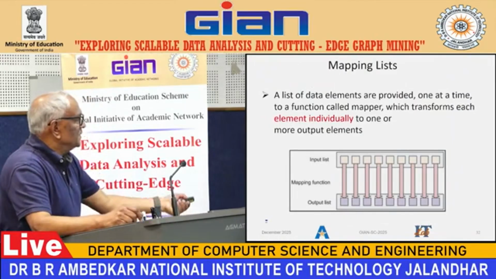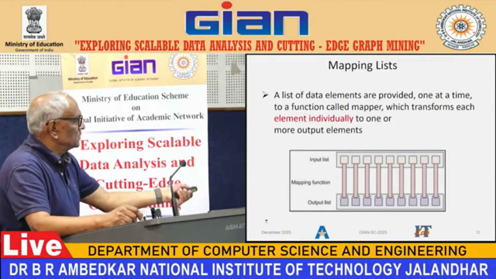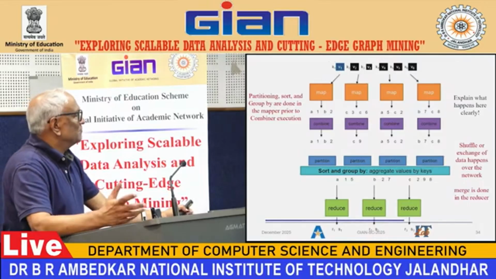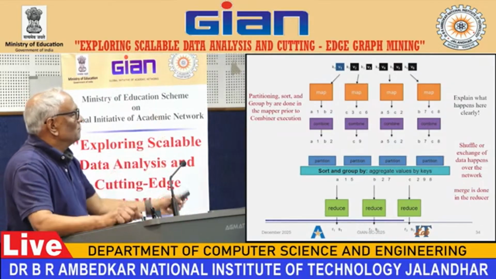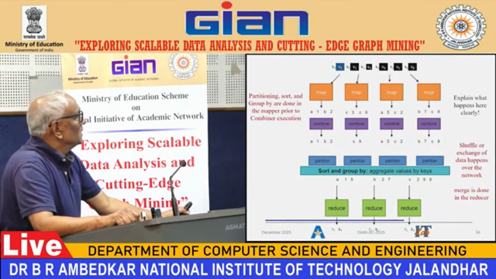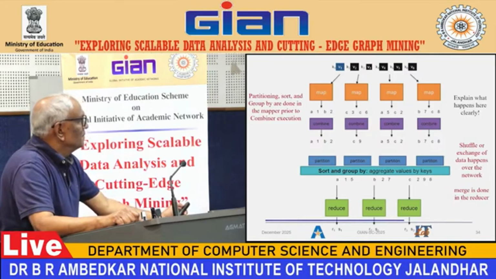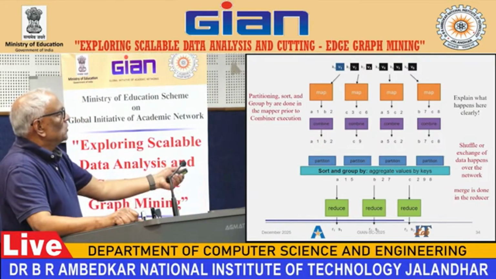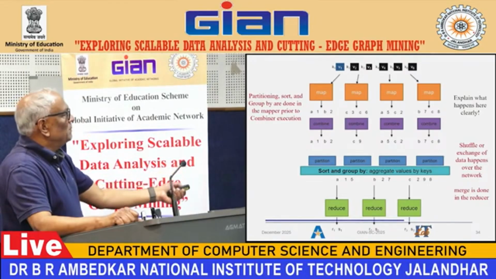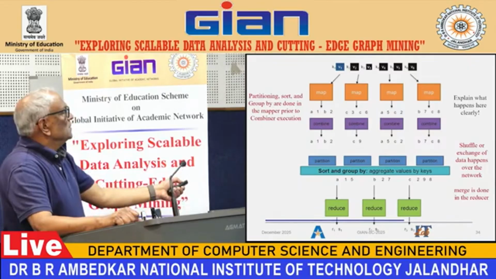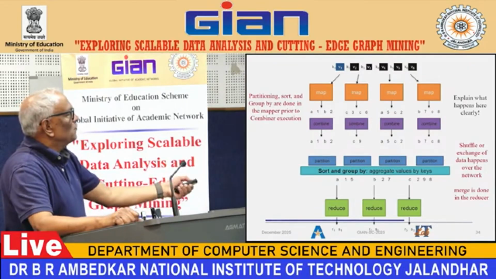As I said, each key value record is sent for processing separately, and this is the hello world equivalent of MapReduce programming. Here we are counting the number of characters, the number of letters. In the input, how many A's are there, how many B's are there, how many C's are there. So these are 4 mapper nodes, let us say 4 splits.